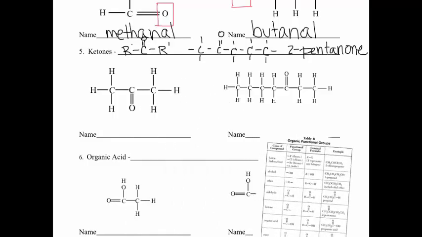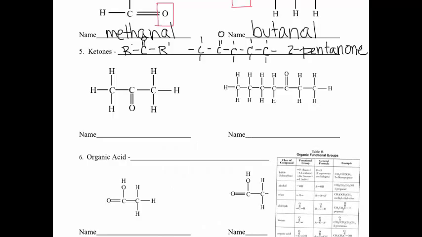All right, let's see if we can apply this to a couple other examples. So we have a double bonded oxygen on an internal carbon. That chain is 3 carbons long, so normally we would call that propane. Because it has that internal double bonded oxygen, we're going to add the ONE, it's a ketone, and we're going to give that an address, 2. Let's try the next one.